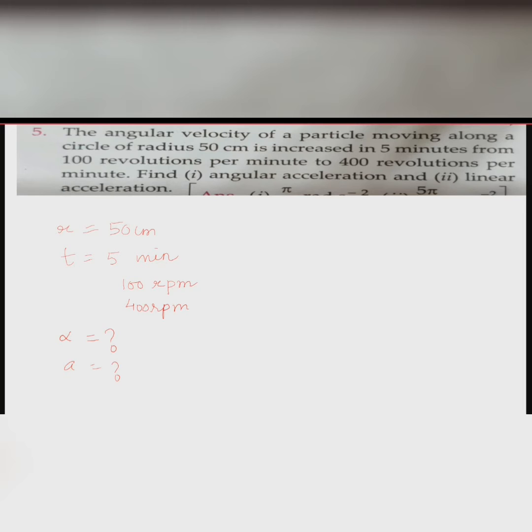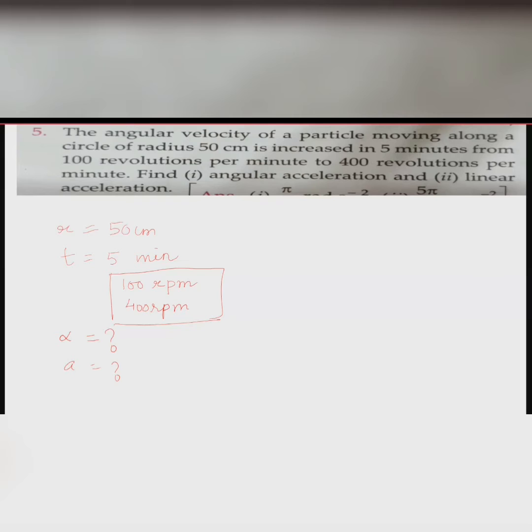First, let's do the conversion. 50 centimeter को मीटर में convert कर लेंगे. But tell me, ये क्या है? This is omega or this is frequency? Frequency. Ma'am, frequency.